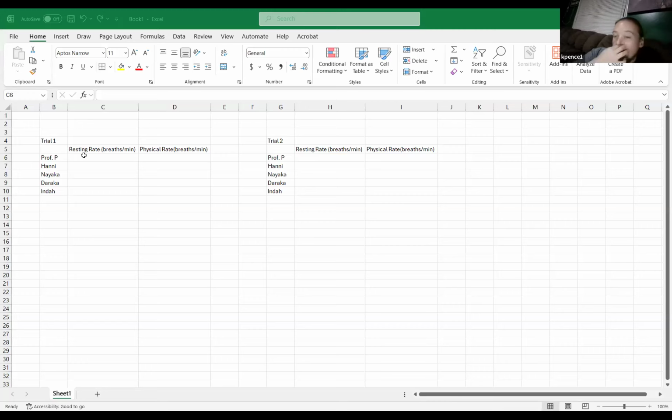Okay, so we want breaths per minute, so we're actually going to double the numbers. Mine was 22. Daraka, double yours is 16.